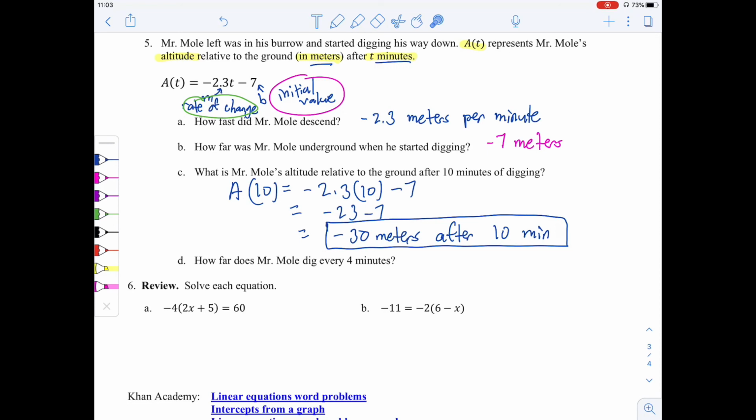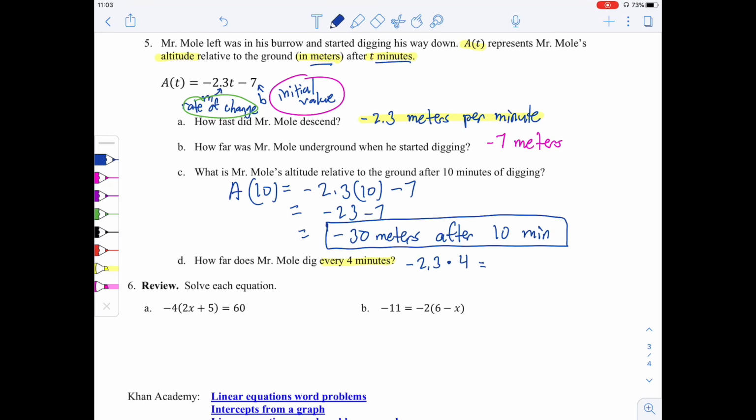So how far does Mr. Mole dig every 4 minutes? Okay, let's see. Every 1 minute, it's -2.3. So to figure out how far he digs every 4 minutes, you have to take -2.3 and multiply it by 4 minutes.